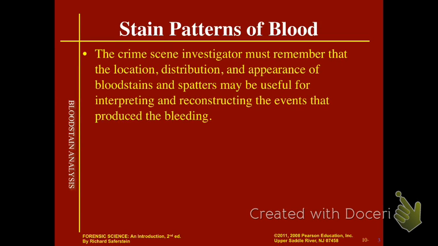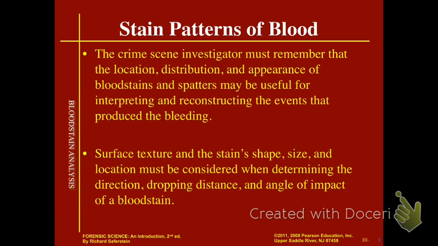The location, distribution, and appearance of bloodstains can be useful for crime scene reconstruction, trying to figure out the events that produce the bleeding. Surface texture is important. The stain's shape, size, and location have to be taken into account.